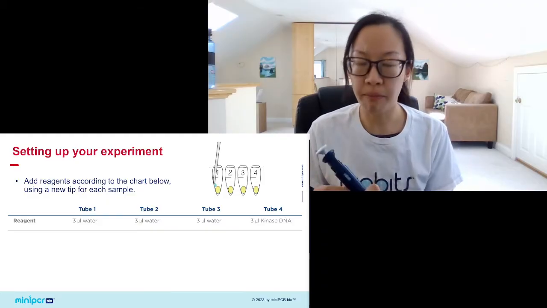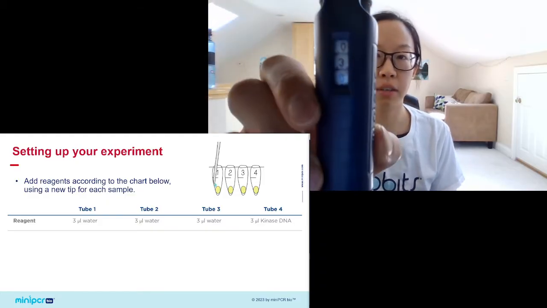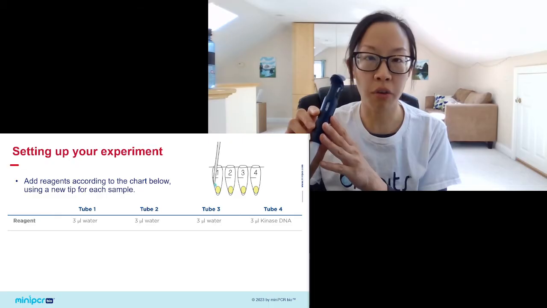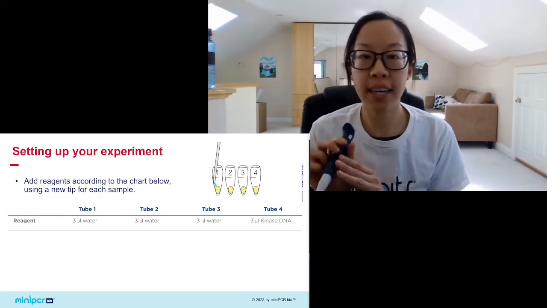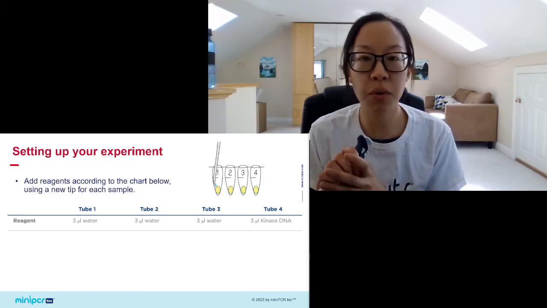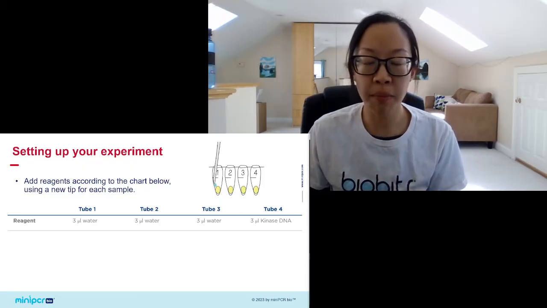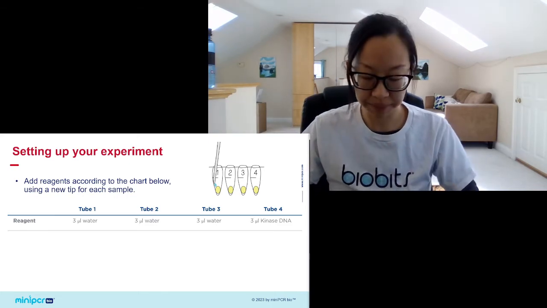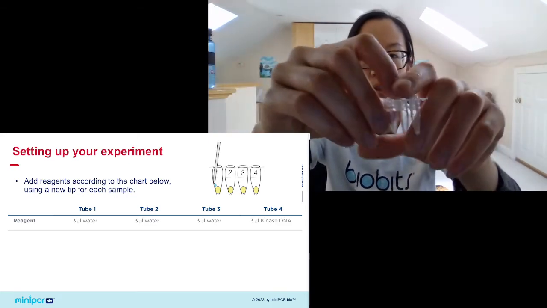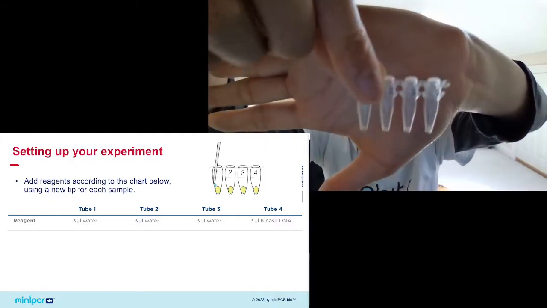All right, so I have my micropipette here. I'm going to set it to 3 microliters because that's the only volume that I'm going to be using. And yes, it's a good idea to have your students wear gloves as they're doing the lab, but there's nothing really toxic about this lab, so I'm just going to go gloveless today, but tell your students to wear gloves. All right, so these 4 tubes here, I've already labeled tubes 1, 2, 3, 4.